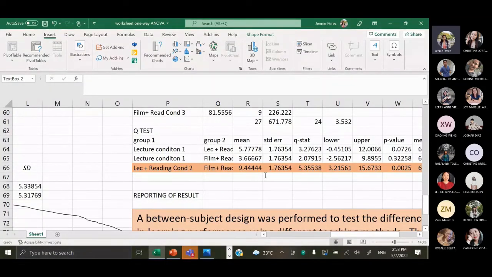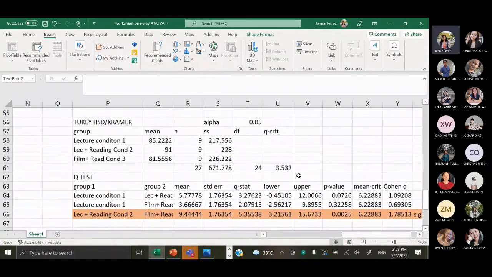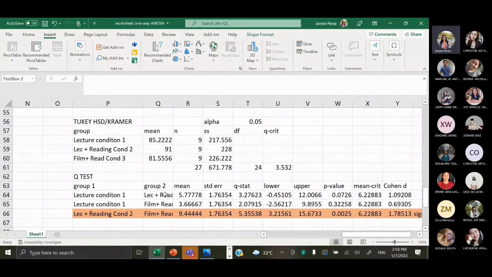And since we have checked the Tukey HSD, Tukey will now spew out these tables here. The critical value for Tukey is 3.53. Now, Tukey tried to compare, made a pairwise combination of all 3 groups.